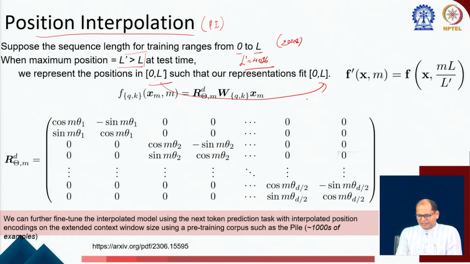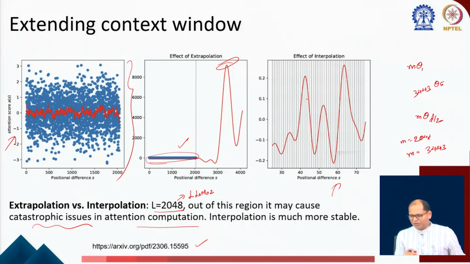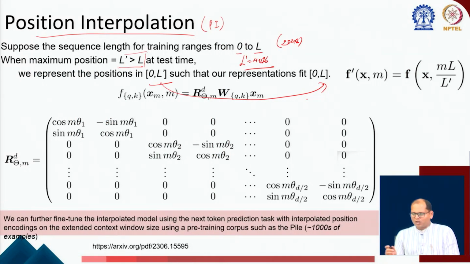And how did they do this? They say I don't want to extend the angle beyond what I have shown the model in training, right. So, what is the maximum angle I had shown them? Say 2048, in this case, was the maximum angle that I had shown them. So, now suppose my L prime is 4096.